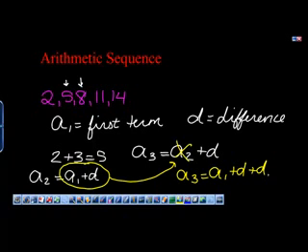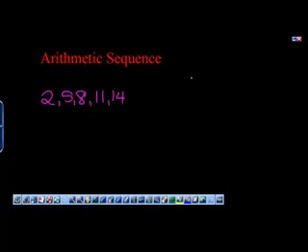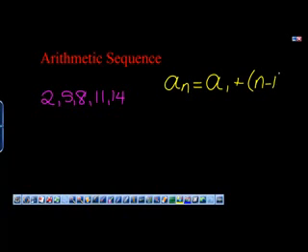We can actually consolidate this into a formula that we can use for all terms. Our formula is A sub n equals our first term plus however many terms we want minus 1 times the difference.